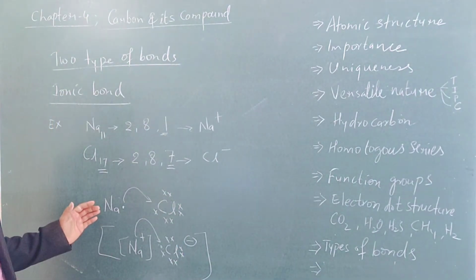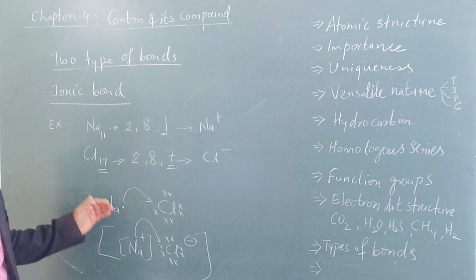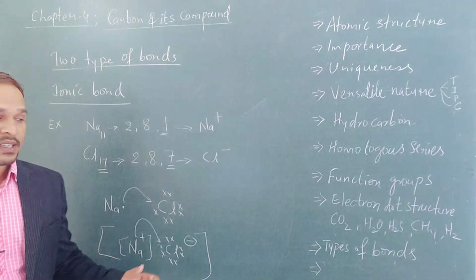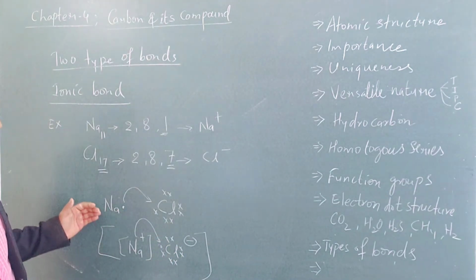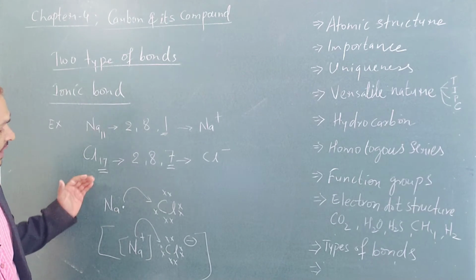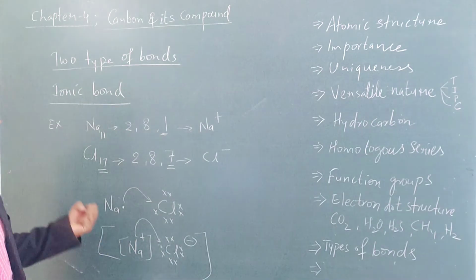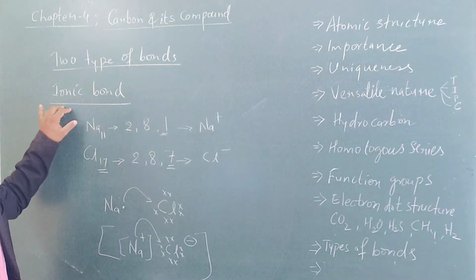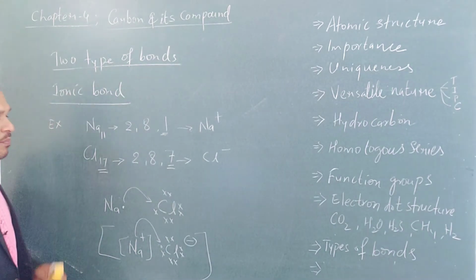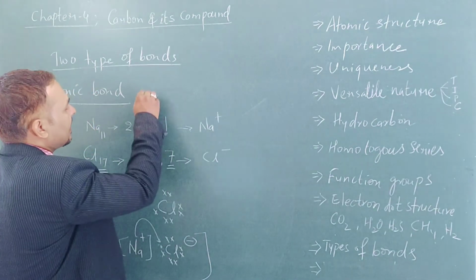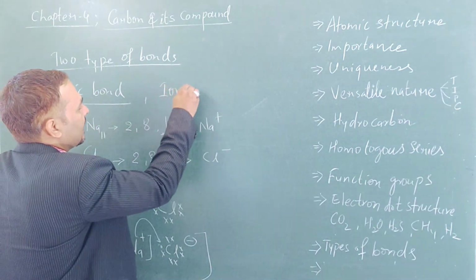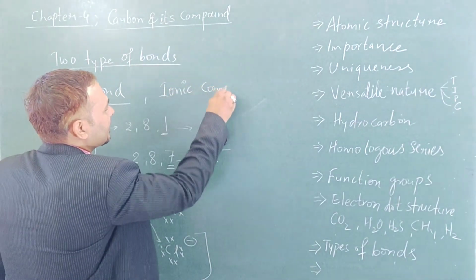So in this case a strong force of attraction works, right? So when one atom gives the electron, another atom takes the electron, they form an ionic bond, and the compound is referred to as an ionic compound, right? Ionic compound.